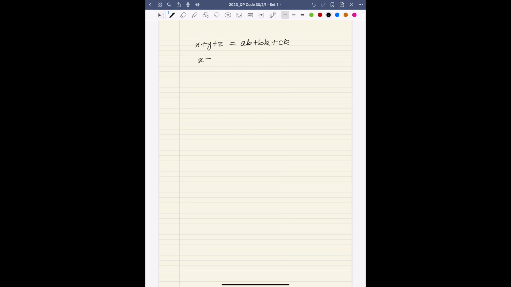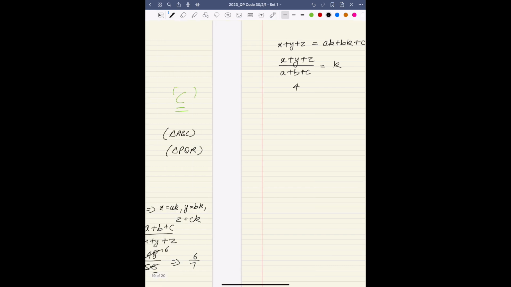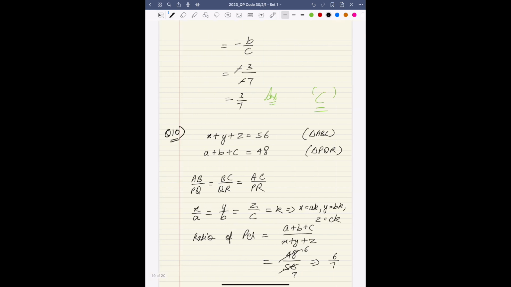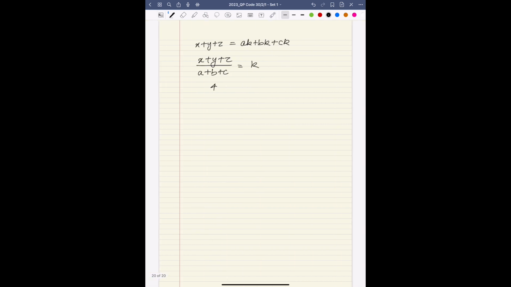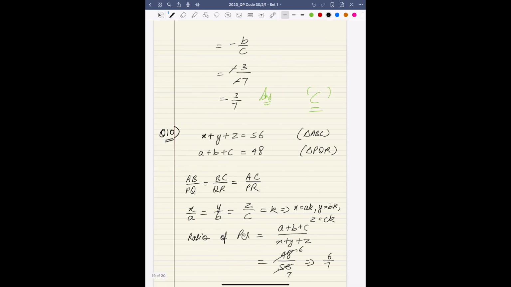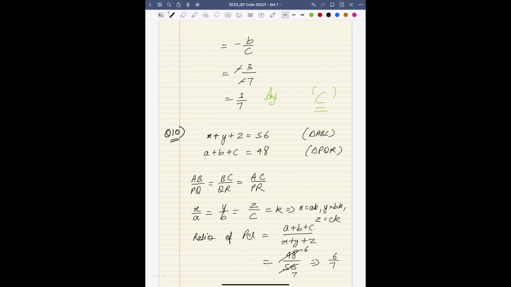In short, the value of k is nothing but the ratio of the perimeters. So you will get the same thing, 7 by 6. We are getting x plus y plus z divided by a plus b plus c is k.